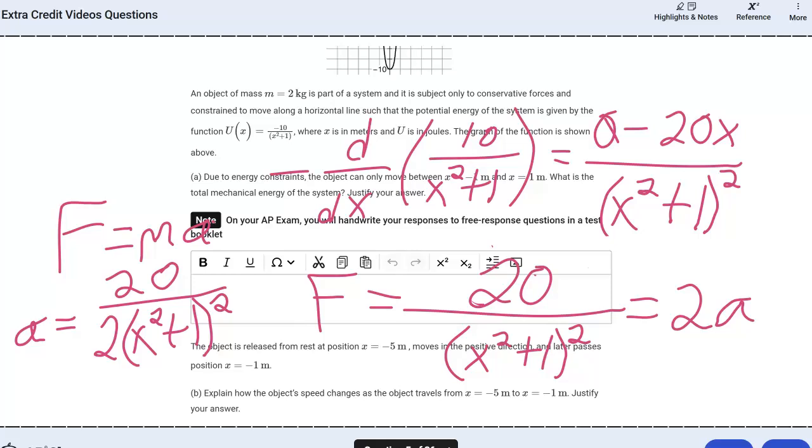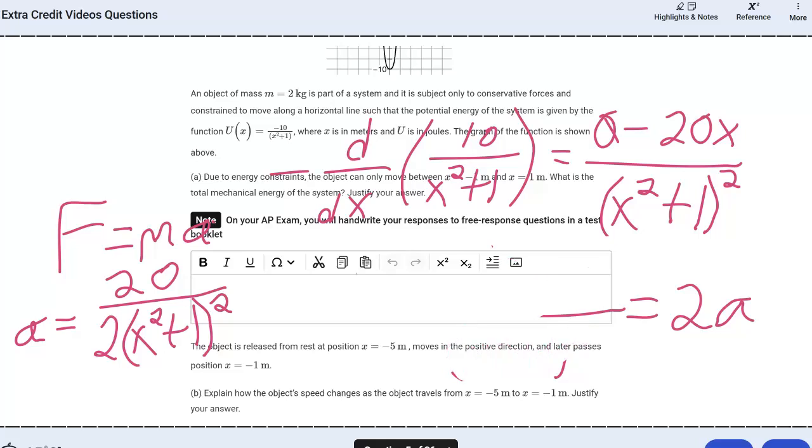So now, if we calculate it at a of x, I should say.